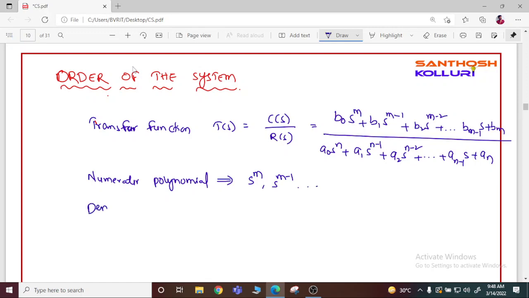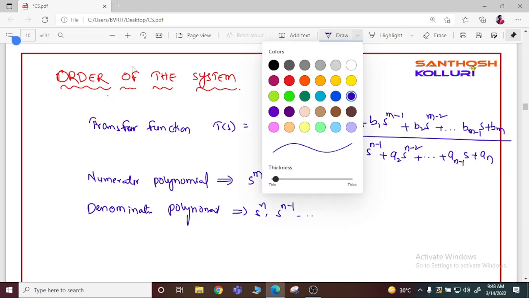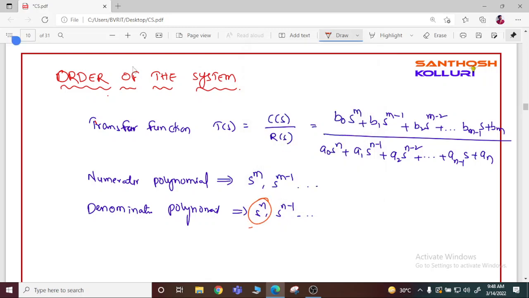And similarly we are also having the denominator polynomial having the powers s power of n and s power of n minus 1, and so on. So the order of the system is given by the maximum power of s in the denominator polynomial. So therefore n is the order of the system here.